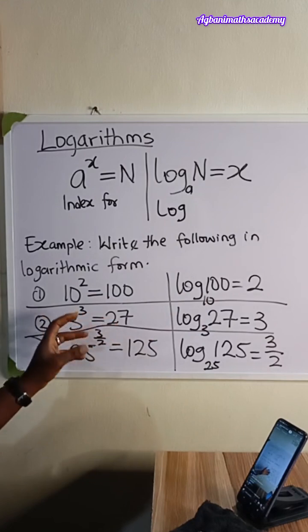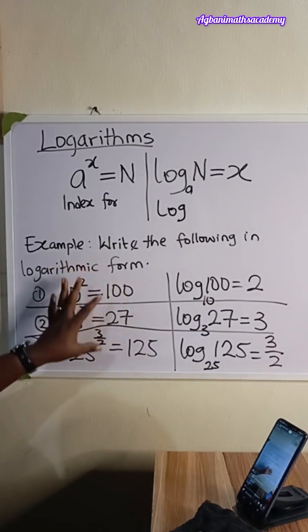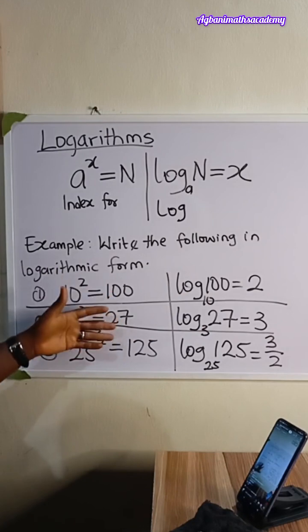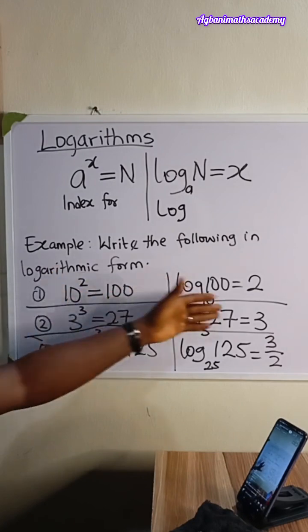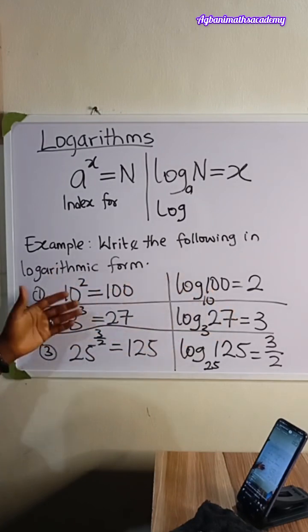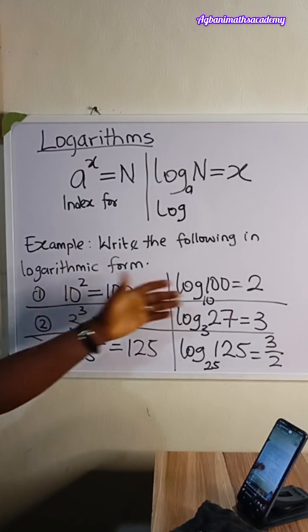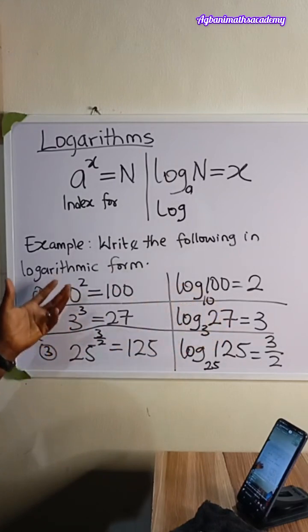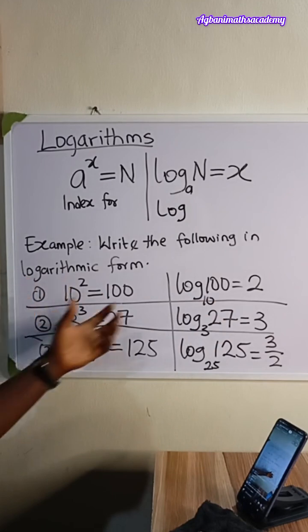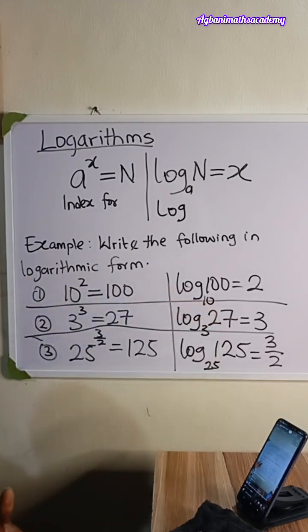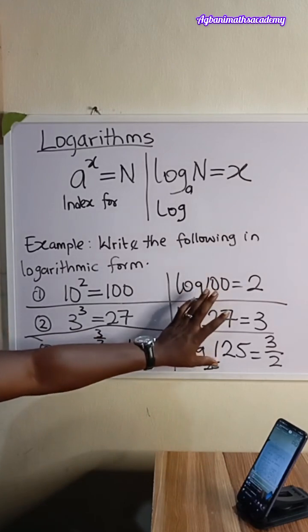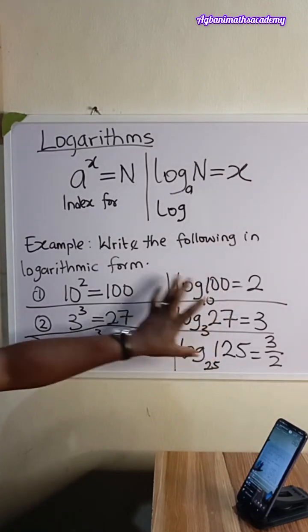Or there are some situations where you are solving a number in indices and you get to a point where you cannot go further without converting it to logarithm. So the only way to get the answer is to convert it to logarithm. So that means if you don't know how to convert from index form to logarithmic form, you will be stuck. So we've seen how to convert from index form to logarithmic form. So let's see how to convert from logarithmic form to index form.